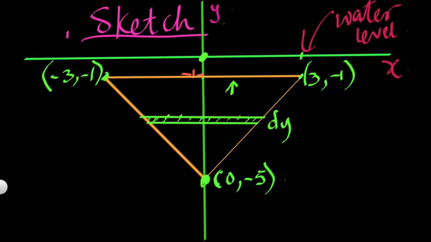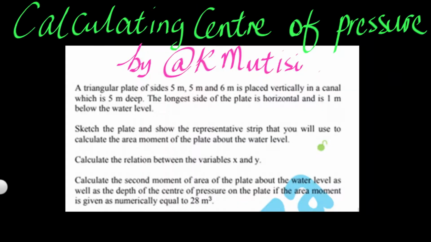Let me show you the question once again so that whatever we're talking about here, you can see it. This is the second part of the question that says, calculate the relation between the variables x and y. That's what you have to do. I want to explain how you do that part.